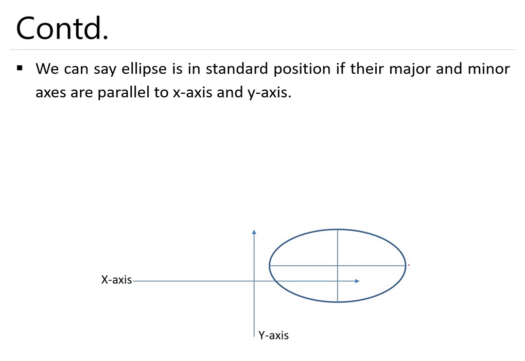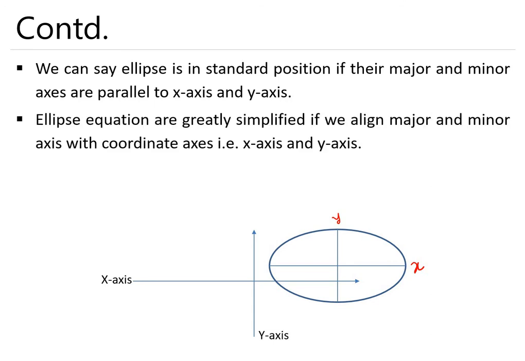Okay, here is your x-axis for the ellipse, and then this is your y on the ellipse, and this is your x on the ellipse. Okay, and we know that they are parallel to the x-axis and y-axis. And then ellipse equations are greatly simplified if we align the major and minor axes with the coordinate axes, that is the x-axis and y-axis.